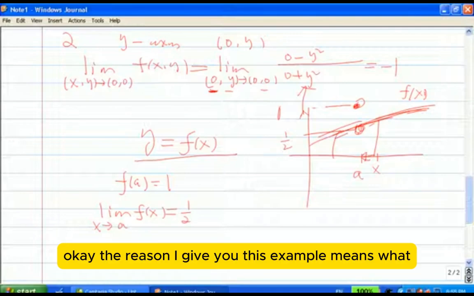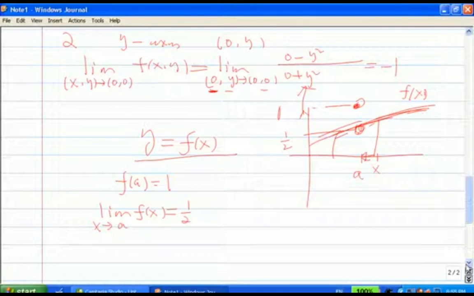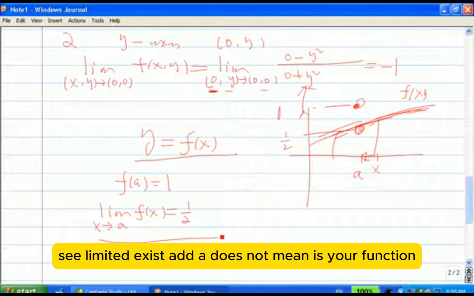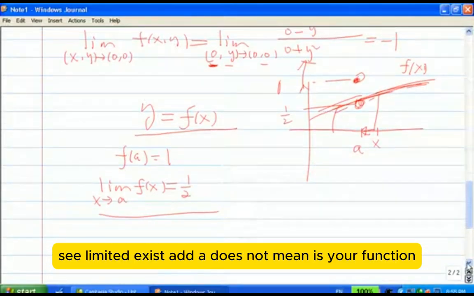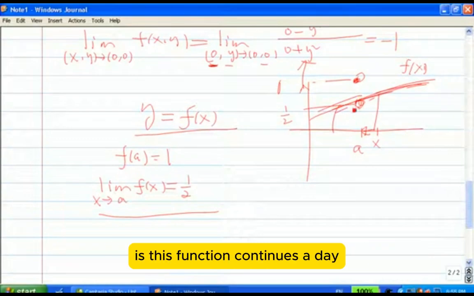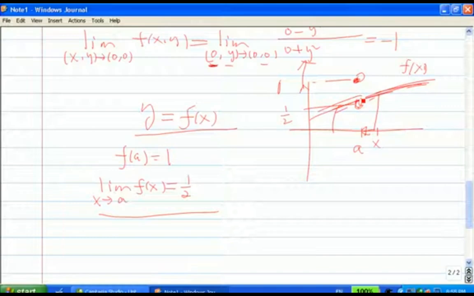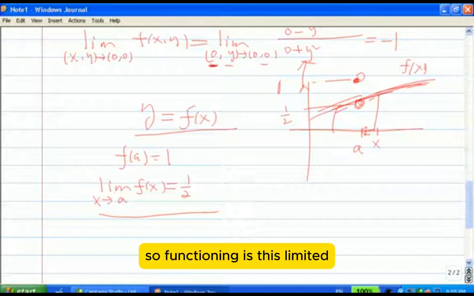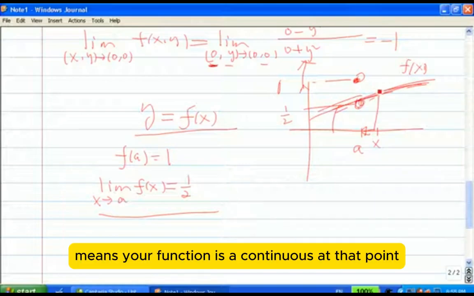The reason I give you this example is that the limit exists at a, but that does not mean the function is continuous at a. Is this function continuous at a? Obviously, it's not, right? A limit existing does not mean your function is continuous at that point.